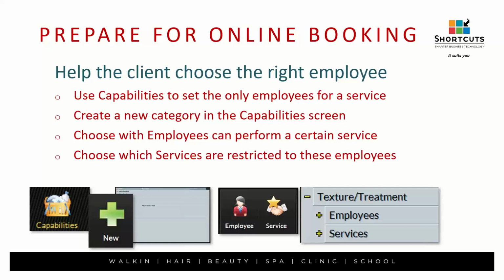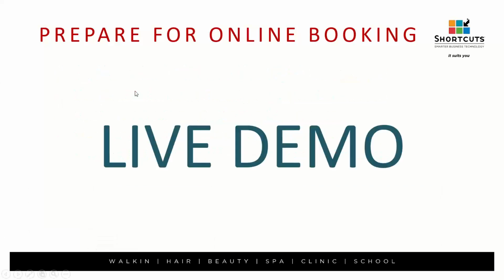If you haven't used capabilities in the past, you might want to start looking into it now, even if it's not necessarily for online booking, because capabilities also helps your front desk make appointments with the right staff members. Let's say you hire a new front desk person and they haven't learned what everybody on your team can do. As long as your capabilities are set, Shortcuts will always recommend who should be booked for certain services. So make sure you set your capabilities if not everybody on your team does all your services.